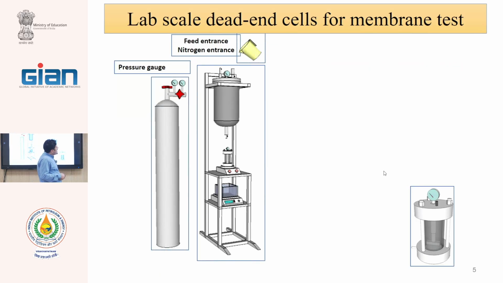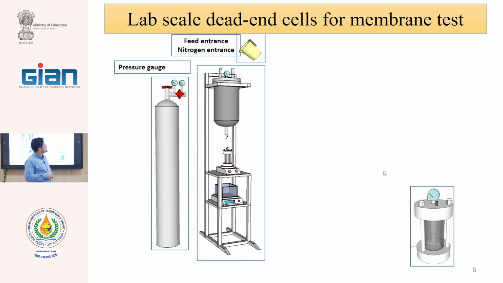This is a schematic of the setup. The dead-end cell is located here and connected with a tube to the main tank. And for applying pressure, we usually use a nitrogen tank.